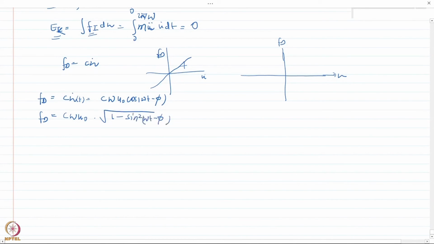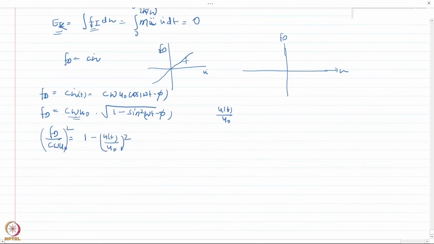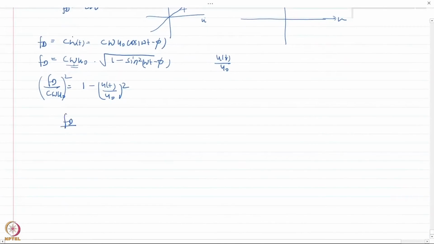And if you remember, this sine term is nothing but u(t) divided by u naught. So I'm going to take this term here and square it, and rearrange these terms.